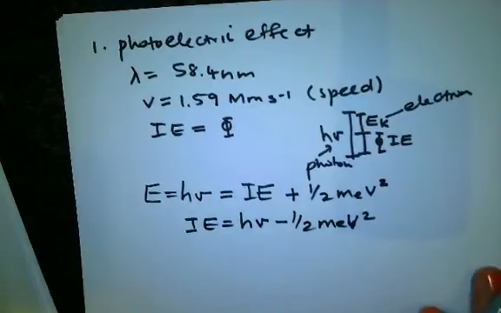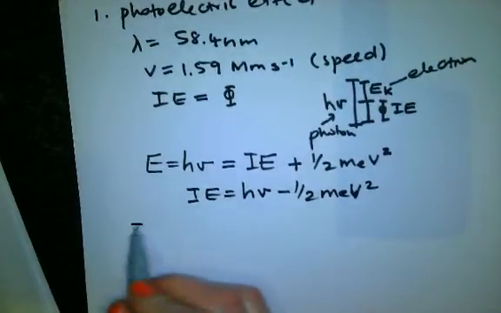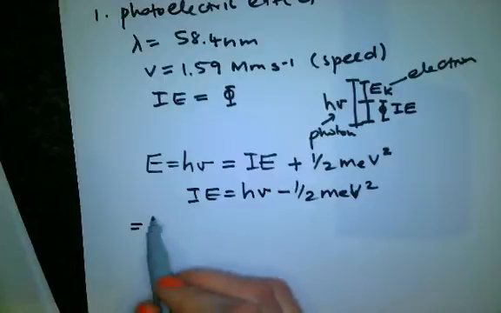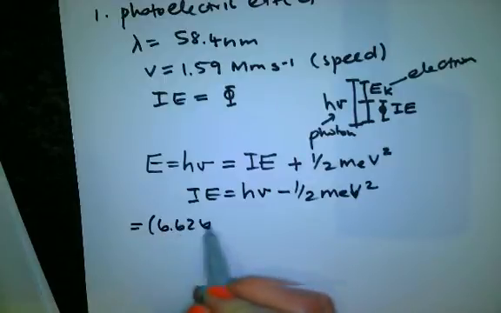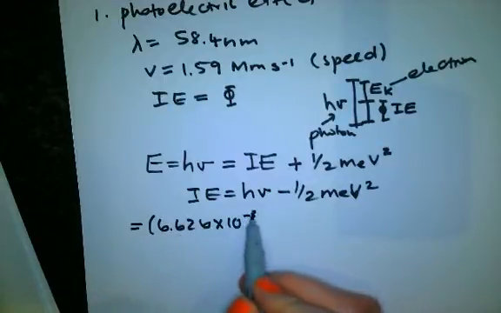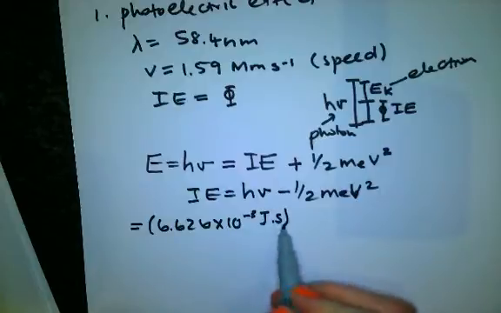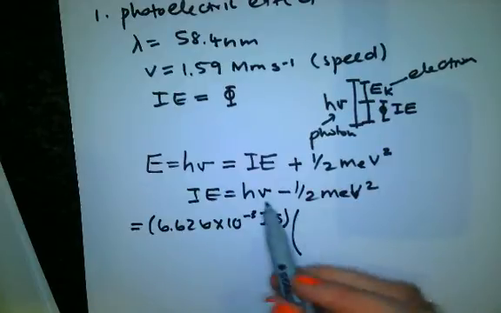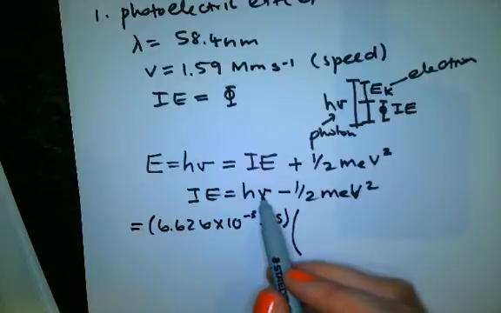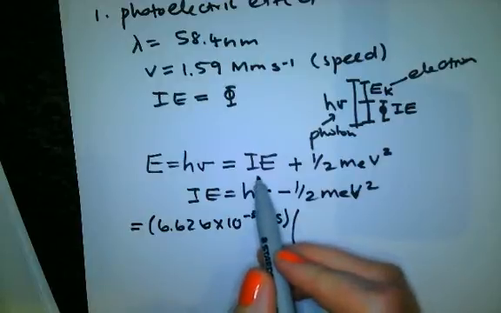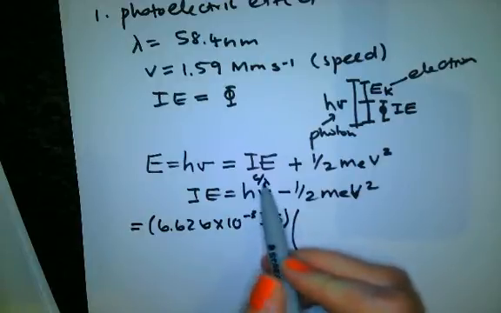We can just substitute the constants. And remember, we can substitute nu with c over lambda because we are given the wavelength.